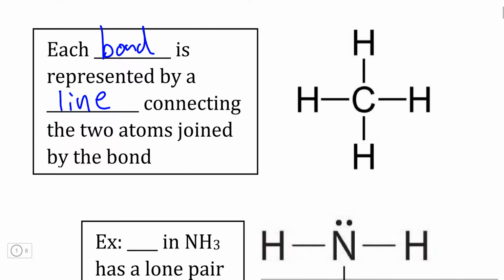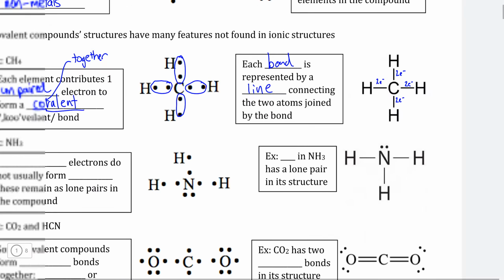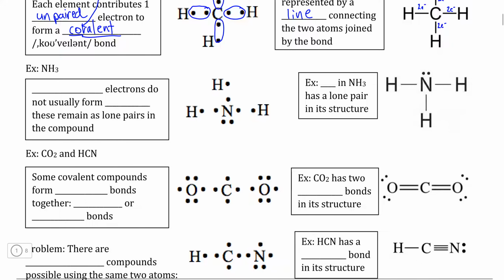So if we zoom in on the structure of CH4, we can see that there are four lines here, and each of these lines represents two electrons. One of these electrons came from hydrogen, and then the other electron in the pair came from the carbon in the center here.